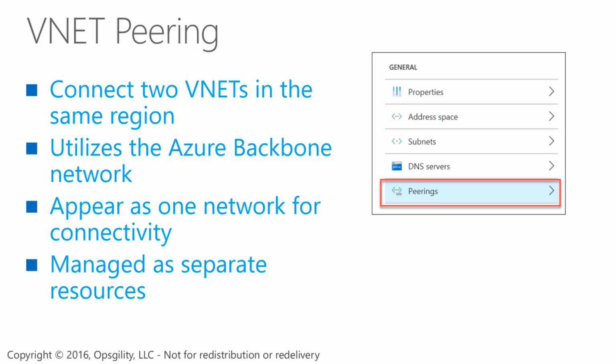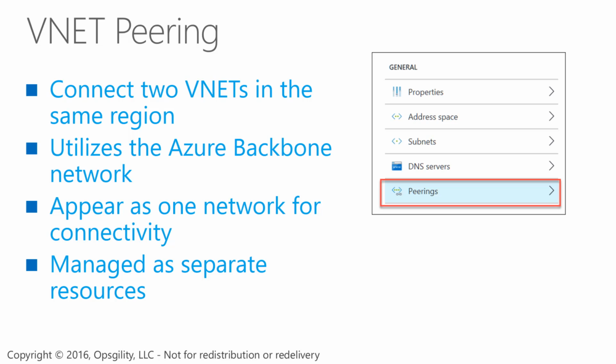In essence, peering makes your VNets appear as a single network. However, the VNets themselves remain separate resources. This is an advantage since it allows administrators to segregate out duties for management. For example, one group could be granted rights to manage the IT VNet, let's say, while another manages the HR VNet.